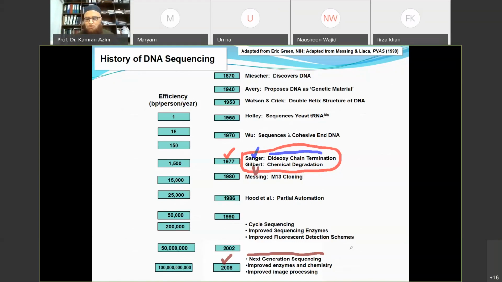So the first generation of DNA sequencing is called the Sanger DNA sequencing method, and the second generation is commonly called the next generation DNA sequencing method.